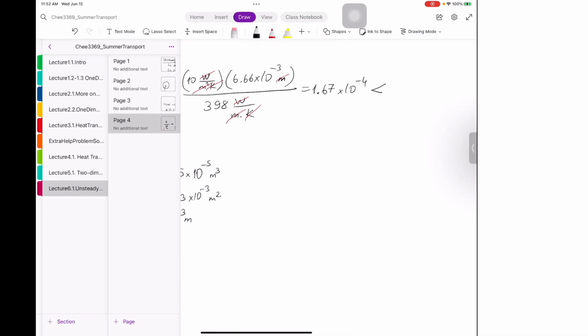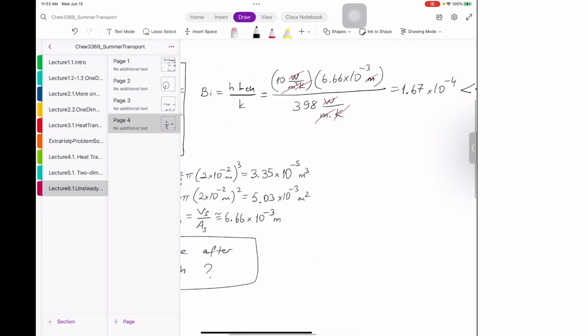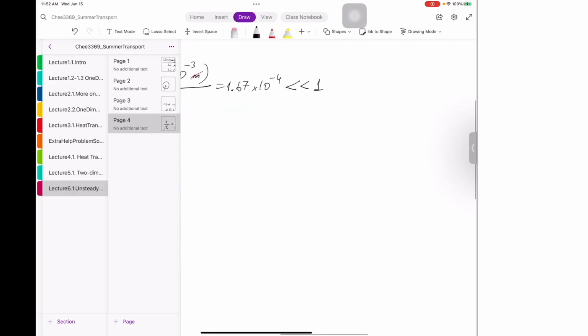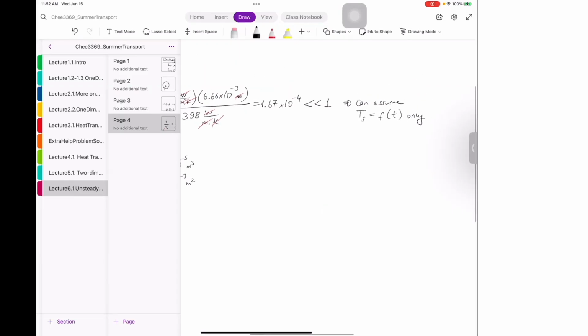And it's much smaller than 1, so we can assume T solid is a function of time only, right?